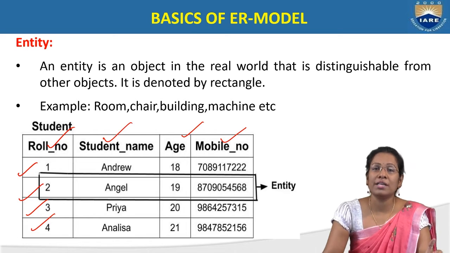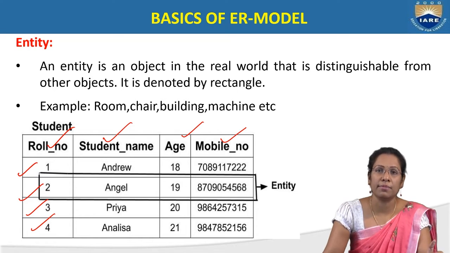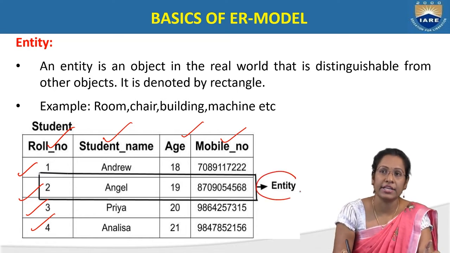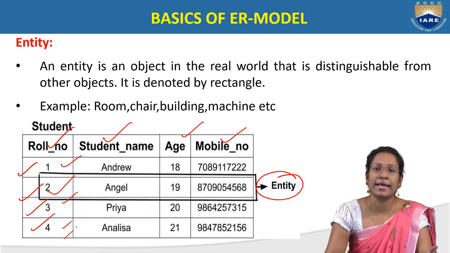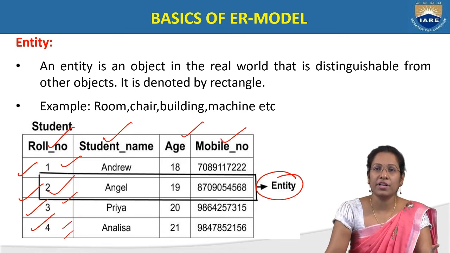So what is an entity in this table structure? Each and every record or tuple in the table is called an entity. Not only the second record is an entity, 1, 2, 3, 4 all are called entities. So each and every record or tuple in the table structure is called an entity.